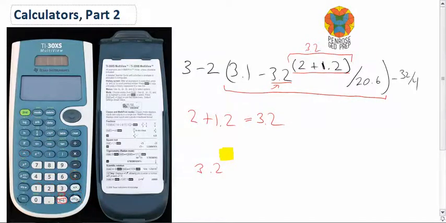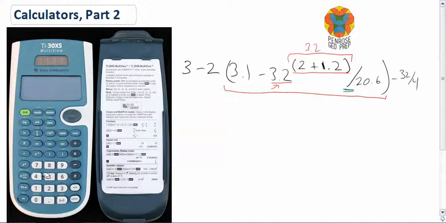So let me clean up the calculator. Okay. So we hit answer, which means that the letters A and S for answer are going to be printed. And now we hit enter, and we'll get the value of this. Next, we need to do division. We need to divide what we just got by 20.6.